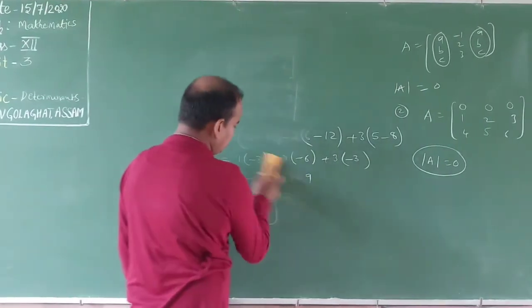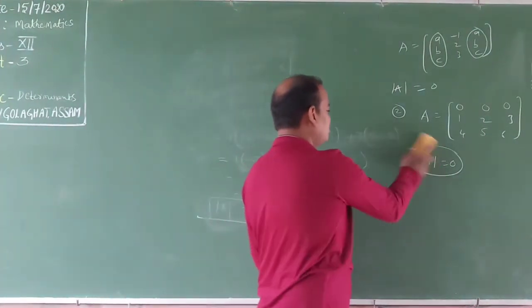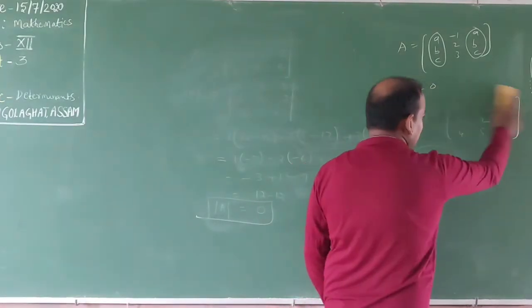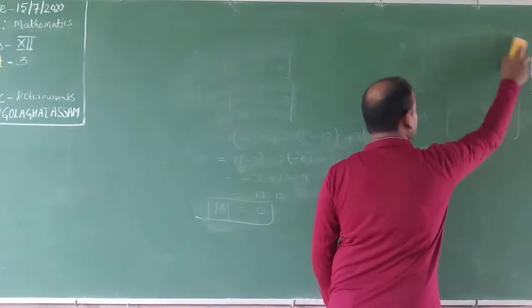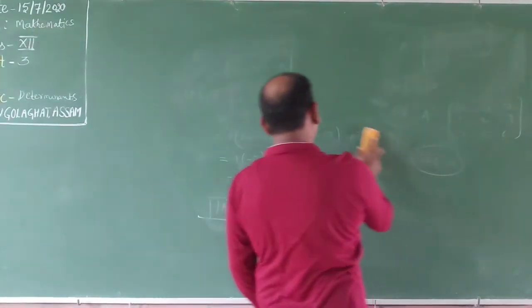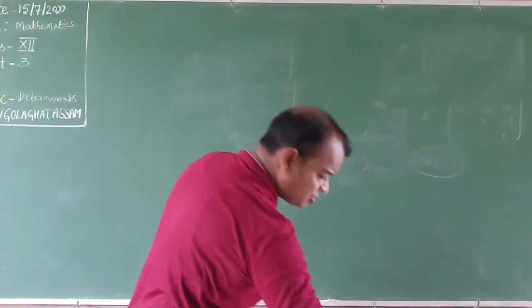Any two rows equal, then the determinant must be equal to 0. The second property is: if the elements of any row or the elements of any column are all equal to 0, the determinant must be equal to 0.